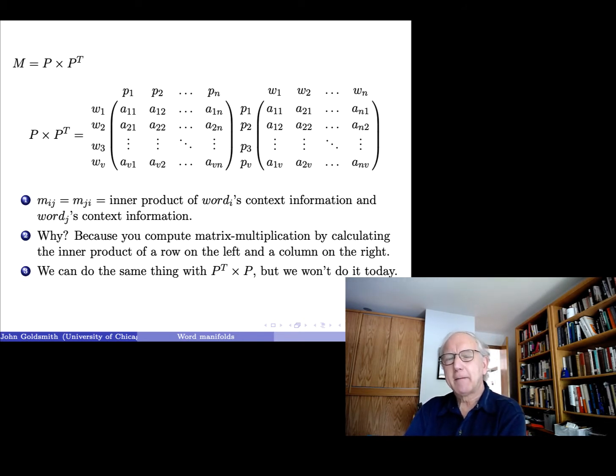Why is that? Because the first thing that we're interested in is how similar two words are. In particular, how similar are they in their distribution? So two different words in that original matrix P are two different rows. So how do we compare different rows? Well, the notion of comparison in this context is pretty straightforward, and it's basically going to be the inner product.